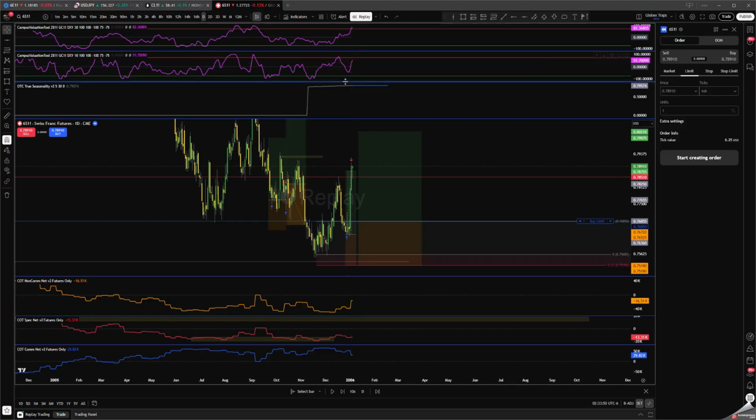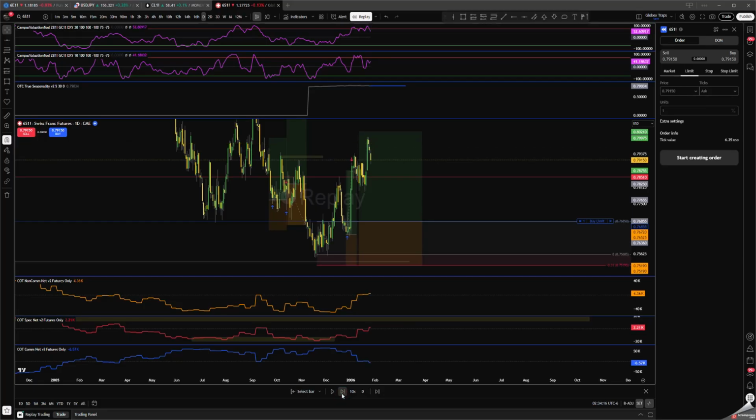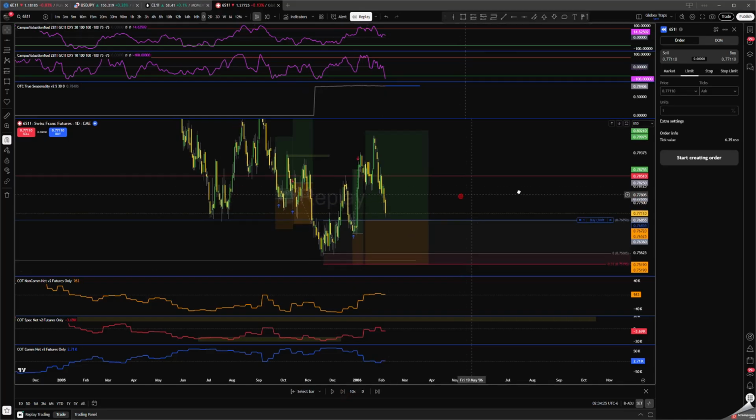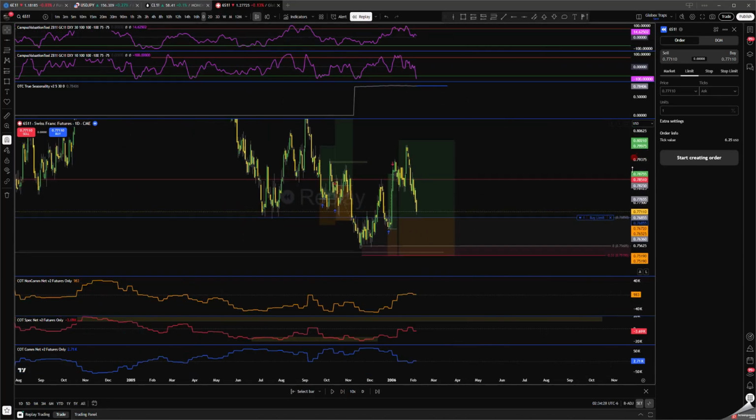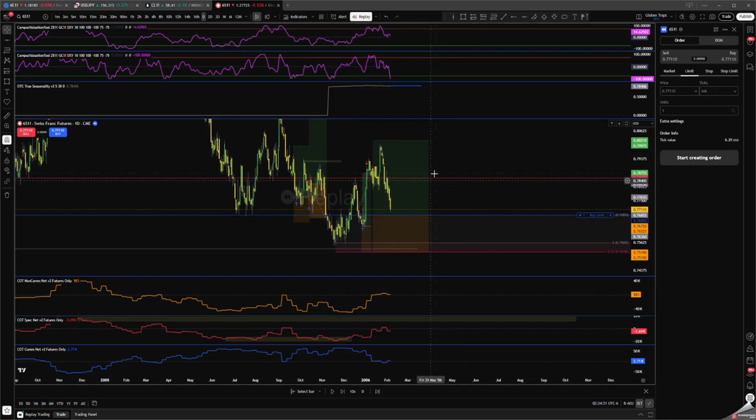Valuation is overvalued long term and short term. It takes a lot of time for a price to come back to the zones, but it does eventually.